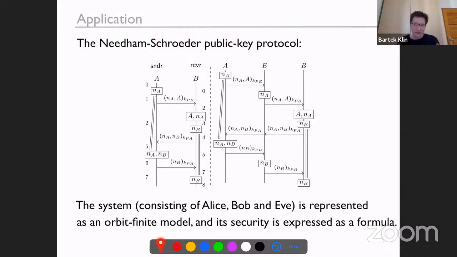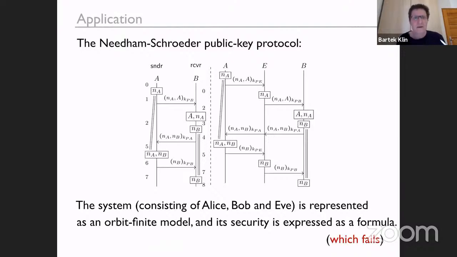Equality is fine because in this protocol, nonces that are generated are only ever compared for equality. And this formula famously fails because, well, the Needham-Schroeder public key protocol is vulnerable, as was shown long after the protocol was suggested.